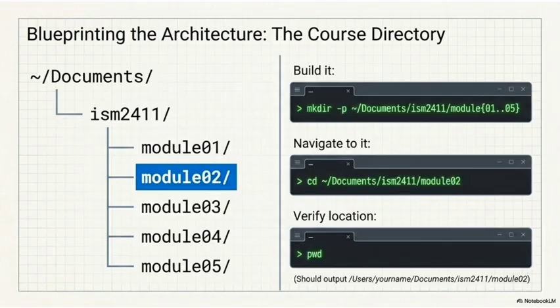Navigate into your working module with cd ~/Documents/ISM2411/module_02. Verify your location with pwd. The output should show /Users/yourusername/Documents/ISM2411/module_02. This is the directory structure assumed by every assignment instruction in this course.